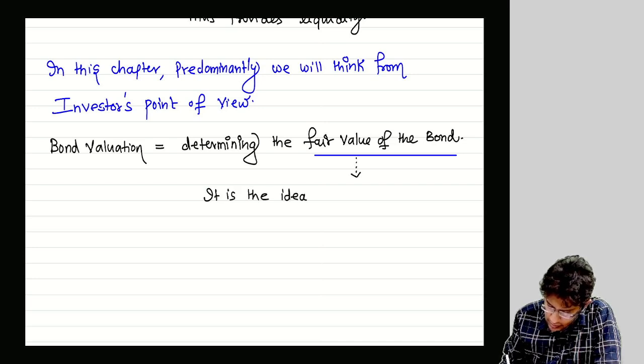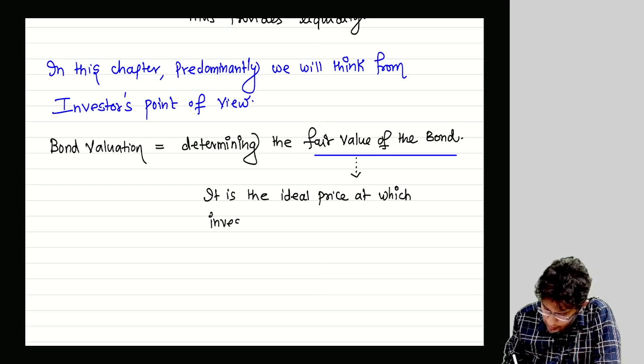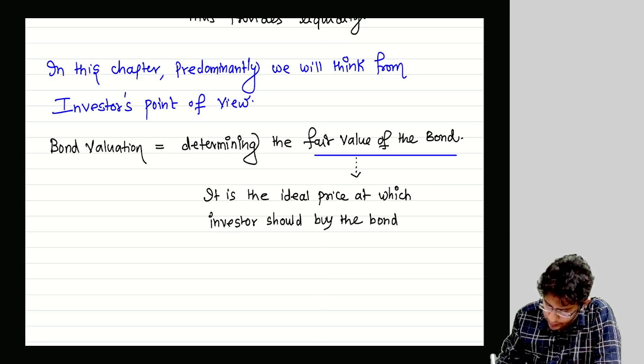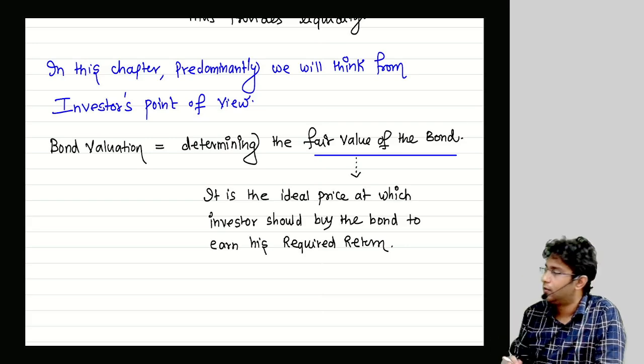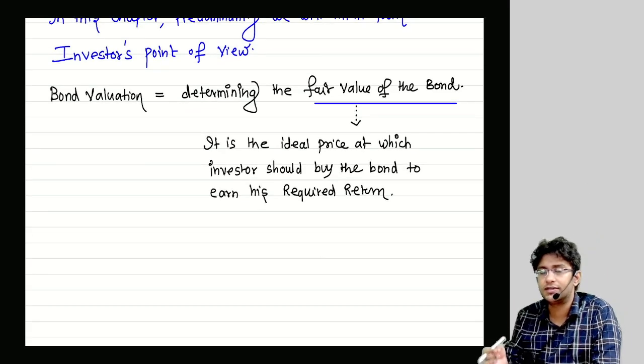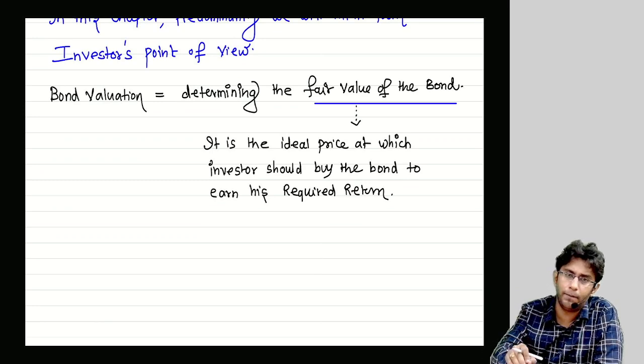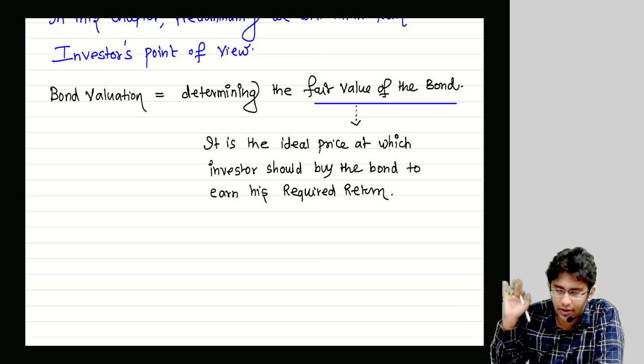It is the ideal price at which an investor should buy the bond to earn his required return. So in order to earn his desired rate of return, how much should he pay ideally? That is called fair value.